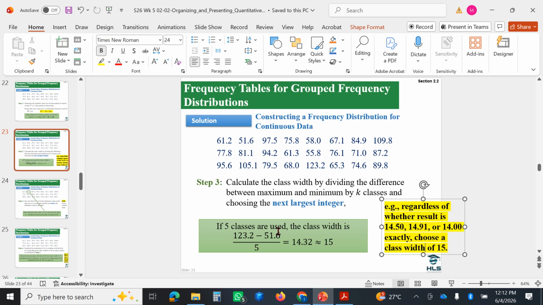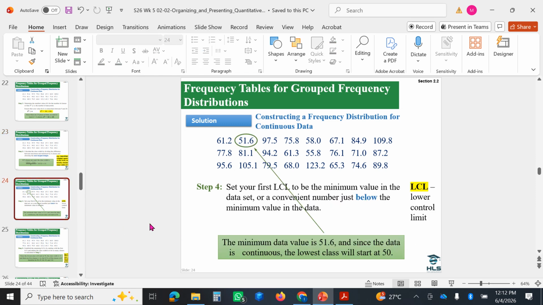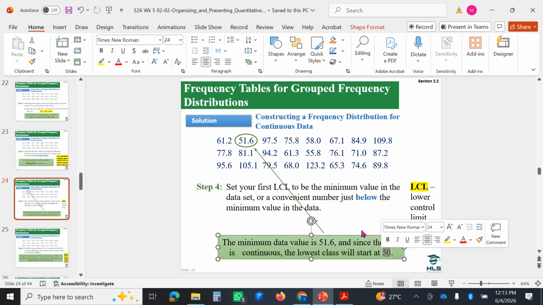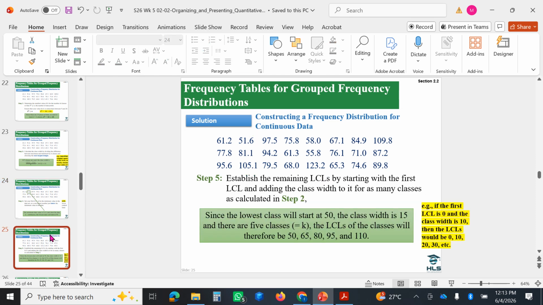Got it? Good. So you set your first LCL to the minimum value in the data set, or a convenient number just below the minimum value. In this case your lowest number is 51.6. Just take it down to 50 because it's a nice convenient number. That's your LCL, your lower class limit.